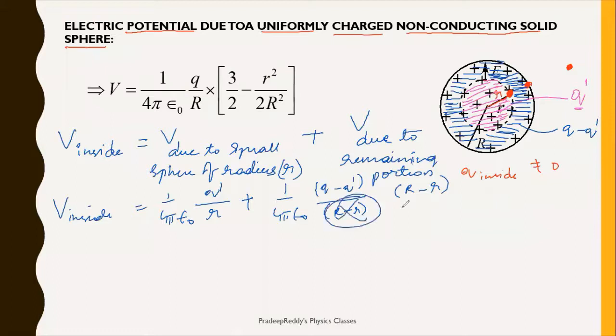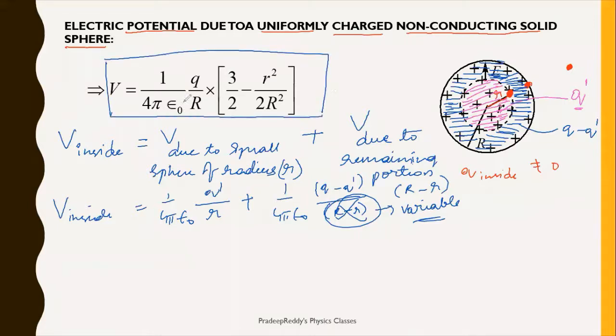This is wrong because it is variable. So as it is variable, first you take a very small element over here, find the electric potential due to that element, and integrate over the total so that you get the net potential inside. That net potential V is calculated as 1 by 4 pi epsilon naught Q divided by r into 3 by 2 minus r square divided by 2 r square. This is potential inside.